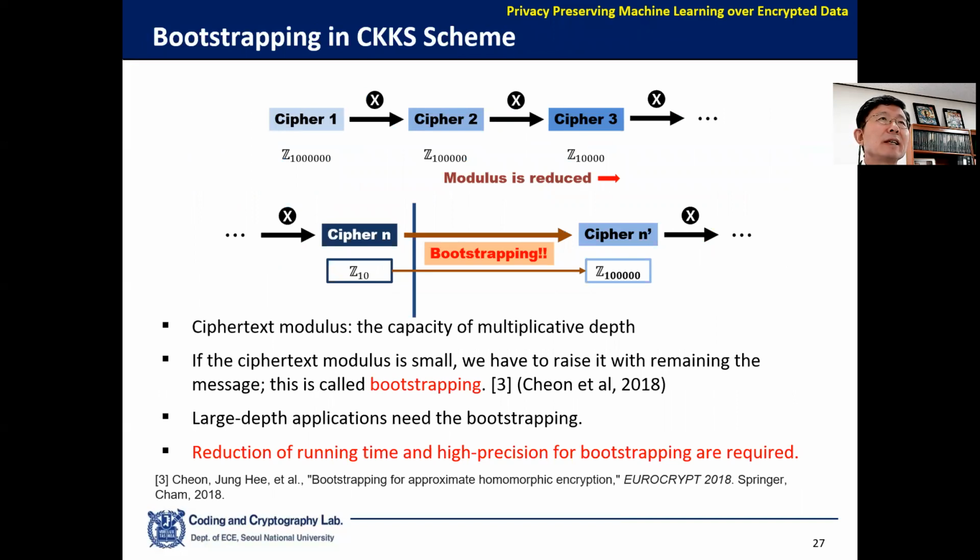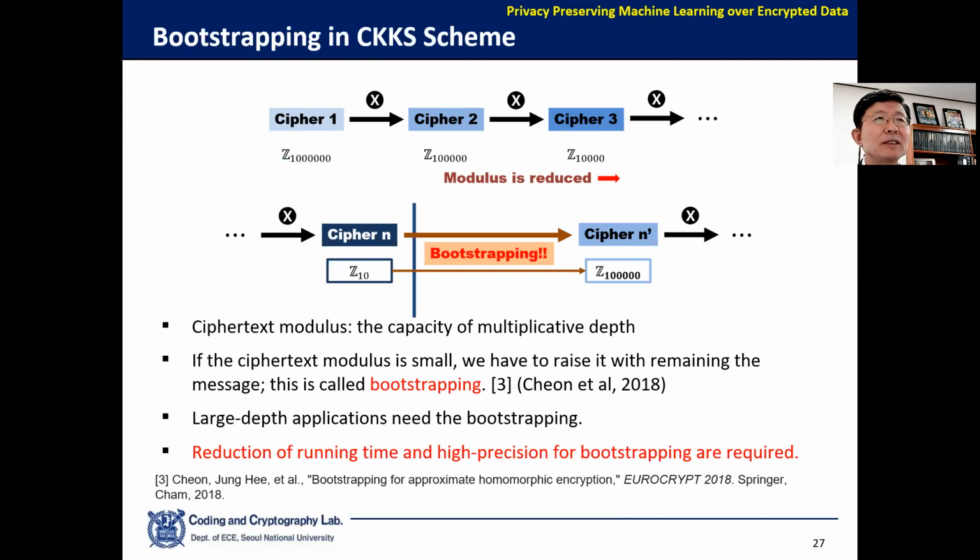In the CKKS scheme, we need bootstrapping. This is the key point in the CKKS scheme. When you multiply ciphertexts consecutively, the modulus is reduced. Finally, we need bootstrapping to enlarge the modulus.